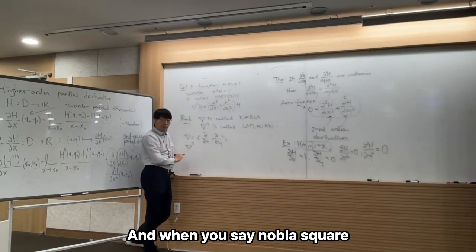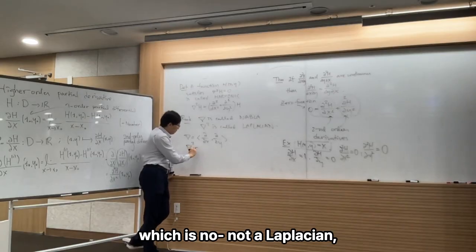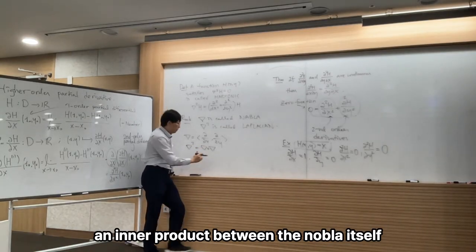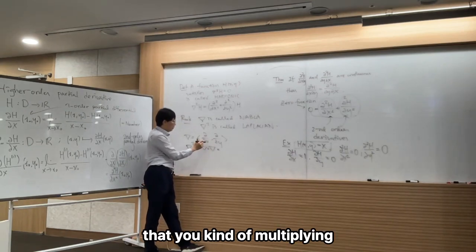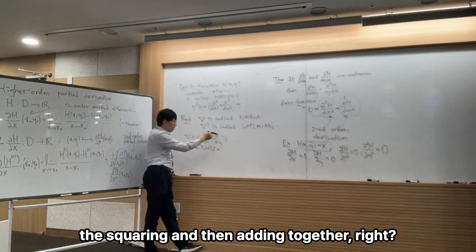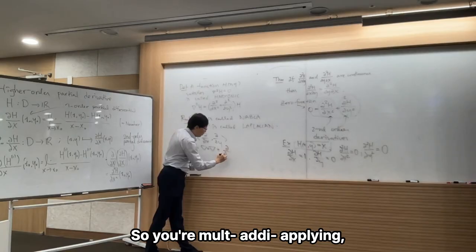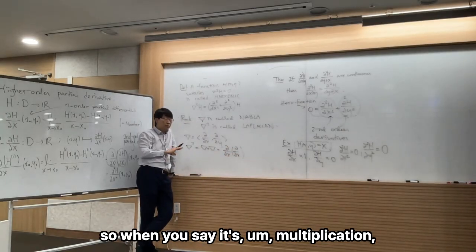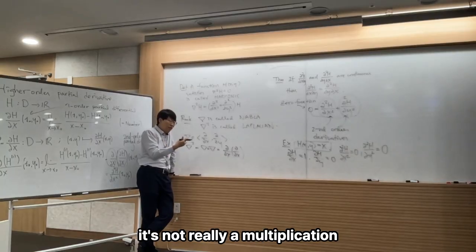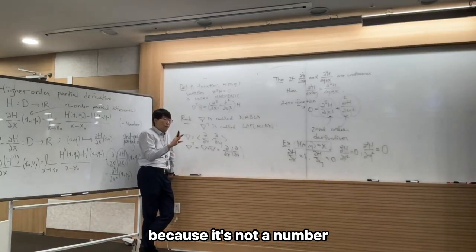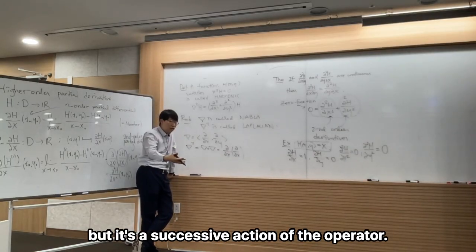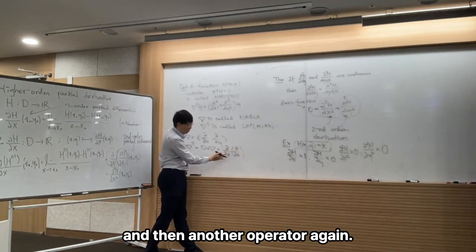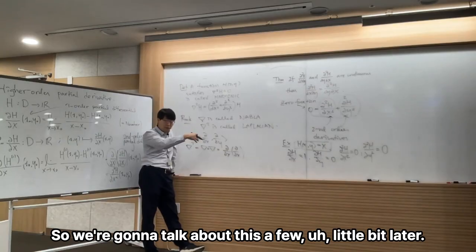And when you say nabla square, which is the Laplacian, it kind of means that you're taking an inner product of nabla with itself, multiplying and then adding together, right? Since it's an operator, it's not really a multiplication because it's not a number, but a successive action of the operator. So you're applying one operator and then another operator again. We're going to talk about this a little bit later.